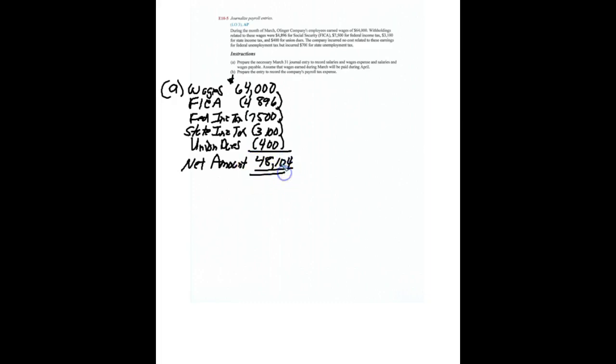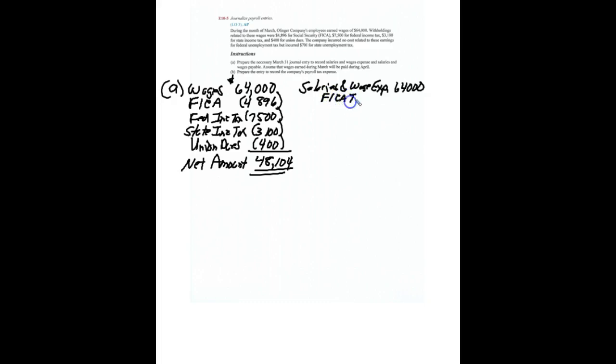$48,104. So if we were to make a journal entry for this, it'll look something like this. We'll have salaries and wage expense. I'm going to abbreviate expense. The total expense is $64,000. And then our credits will be for all of these. So we withhold it, but we owe. We're going to turn around and make these payments. So we're going to have a credit for FICA.